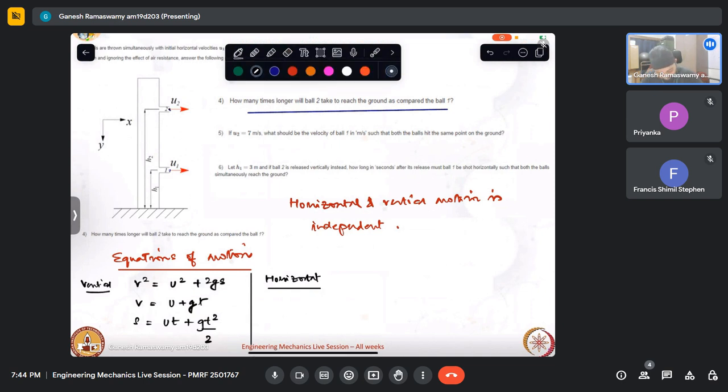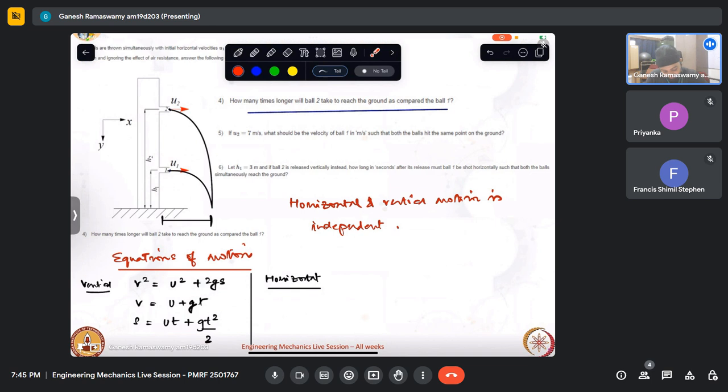This has been shot with some velocity and it reached that point, and this has also been shot with some velocity and it reached the same point. What will be common between these two is the distance that has been traveled. So s will be common for these two. u1 is given, u2 we will have to calculate based on these equations of motion.